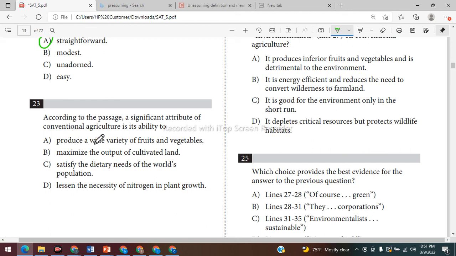A, produce a wide variety of fruits and vegetables; B, maximize the output of cultivated land; C, satisfy the dietary needs of the world's population; or D, lessen the necessity of nitrogen in plant growth. A? Someone said A. Anyone else?